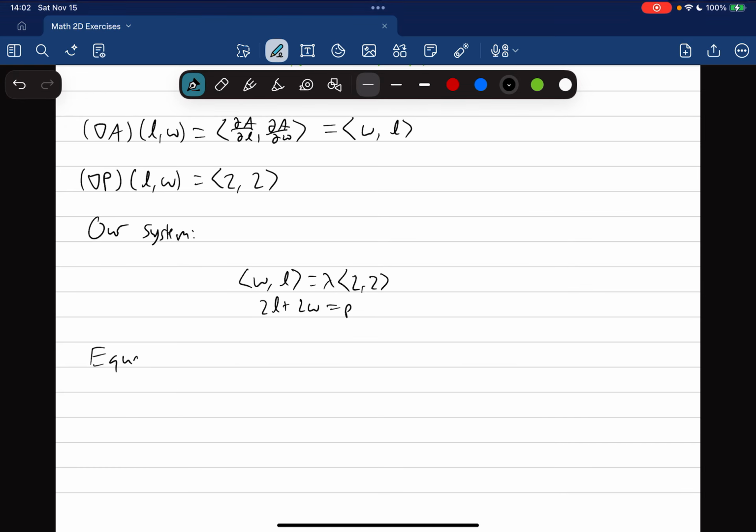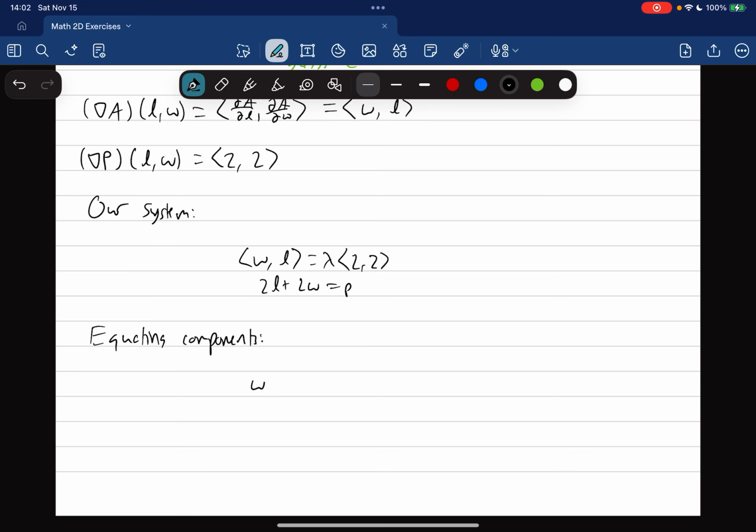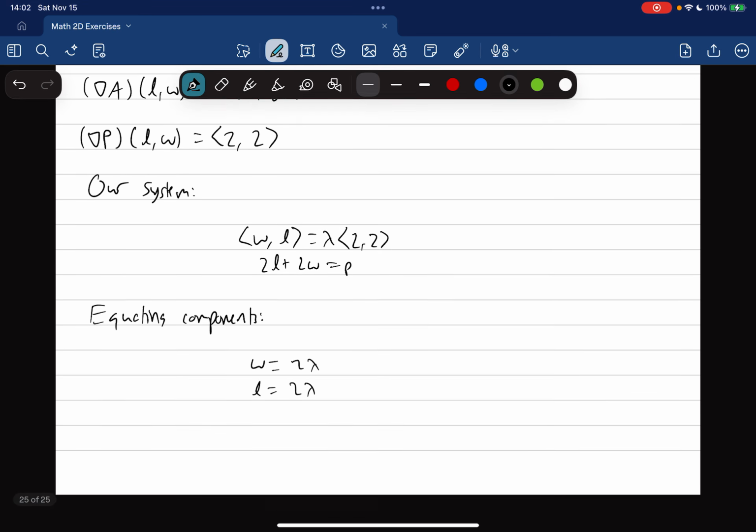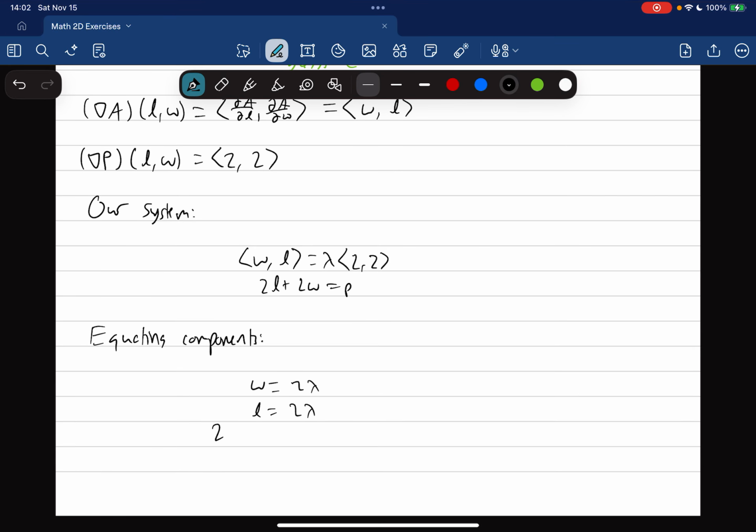If we equate components, in the first equation we get that W equals 2 lambda, L equals 2 lambda, and then 2L plus 2W equals p. And this is the system we need to solve. Let me give these equations some names.